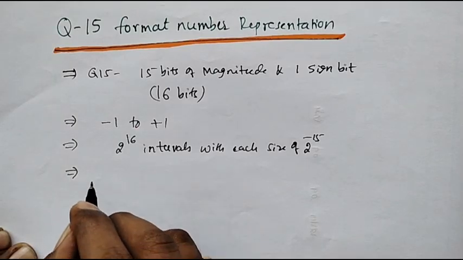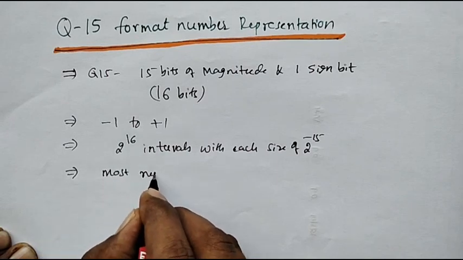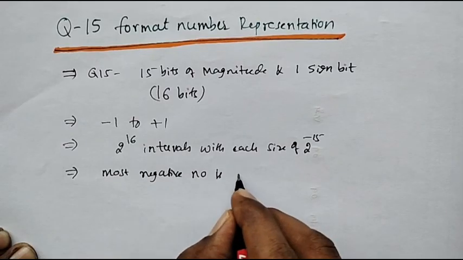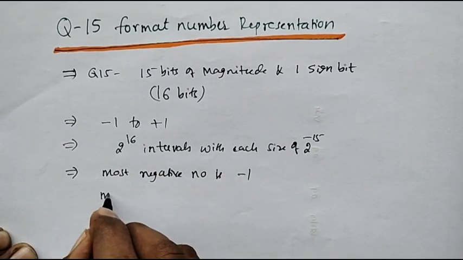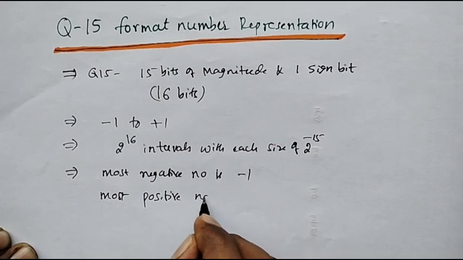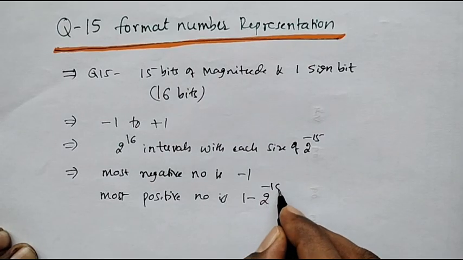In Q15 format, the most negative number is -1, whereas the most positive number is 1 minus 2 power -15.